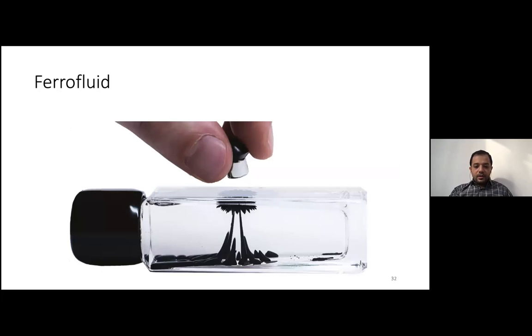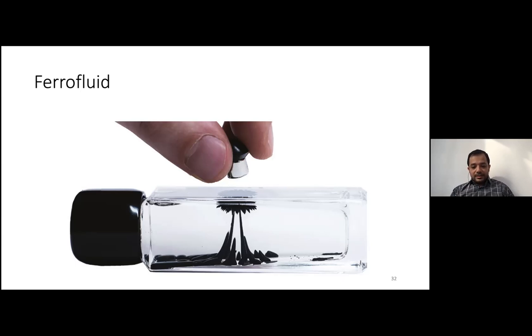Now, we have synthesized our magnetic nanoparticles, superparamagnetic nanoparticles, and we have put some sort of organic surfactant to uniformly distribute them in a liquid, whether it's oil-based or water-based, it doesn't really matter, as long as the particles are uniformly distributed in the liquid.